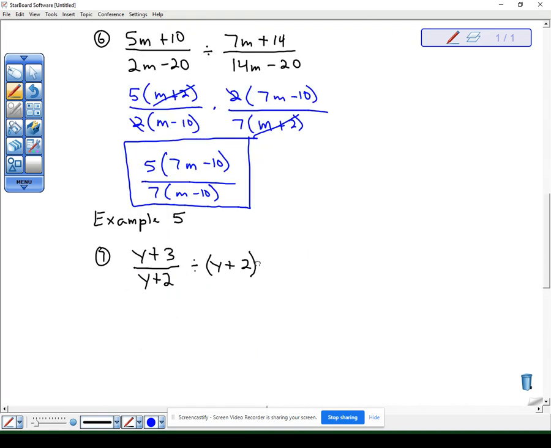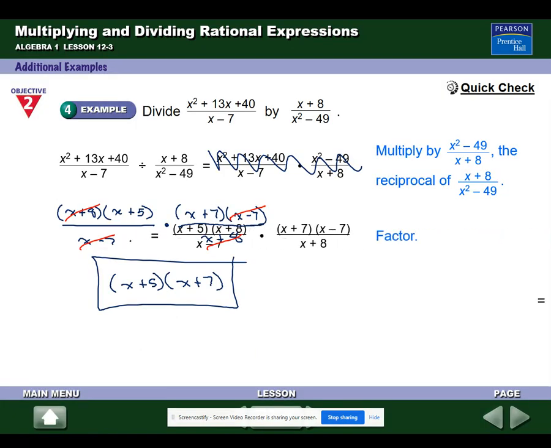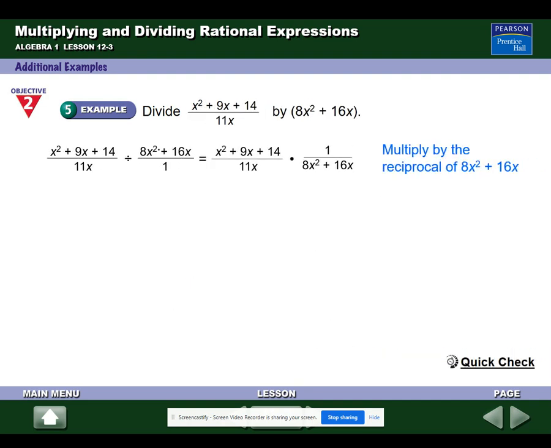Example 5, and then this one right here, and we'll be done. Still division. Here again is our problem. Ignore this. Factor and change divide to times, flip the second fraction. Factoring, x plus 2, x plus 7, denominator 11x. Divide to times. 1 is now the new numerator.